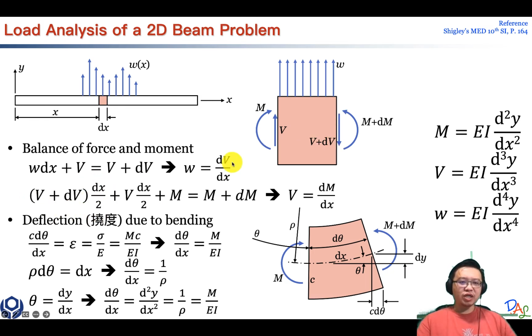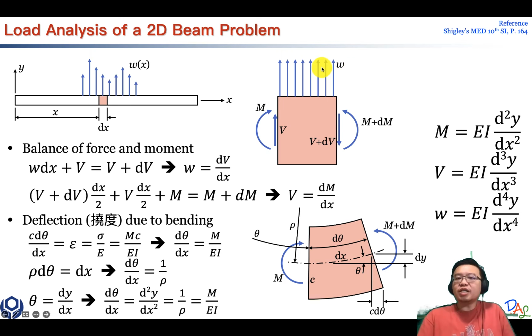So this is the clockwise moment due to the V plus dV. And also V is making a clockwise moment, and the distance is also half of dx. Over here we have counterclockwise moment, dM plus M.